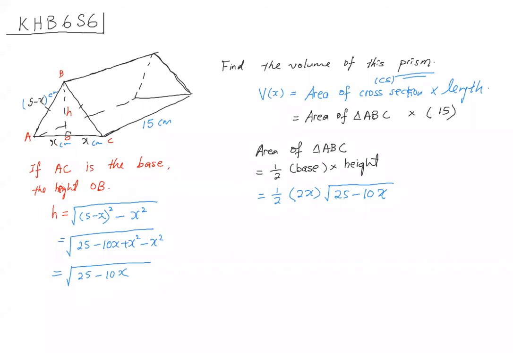Okay, so I cancel off, so it becomes x square root of 25 minus 10x. Therefore, volume of the prism is equal to x square root of 25 minus 10x times by the length 15. Done.